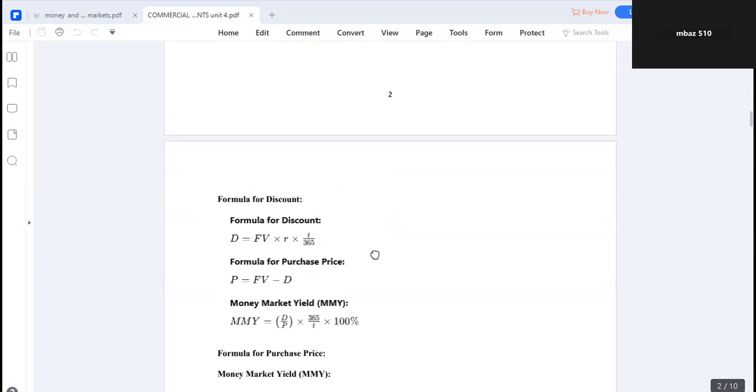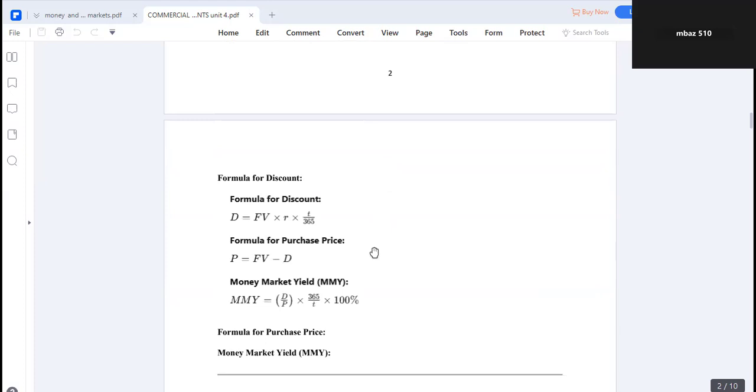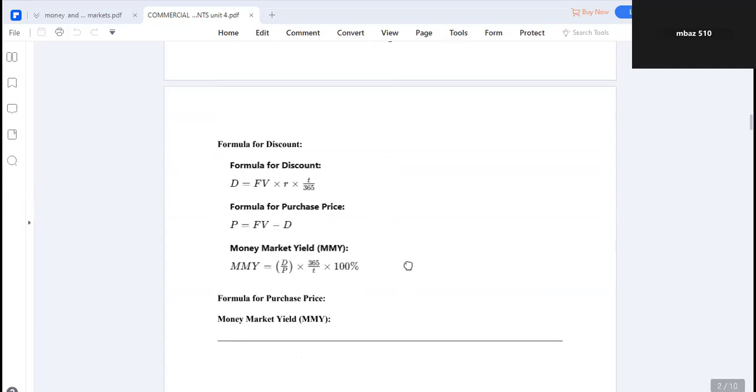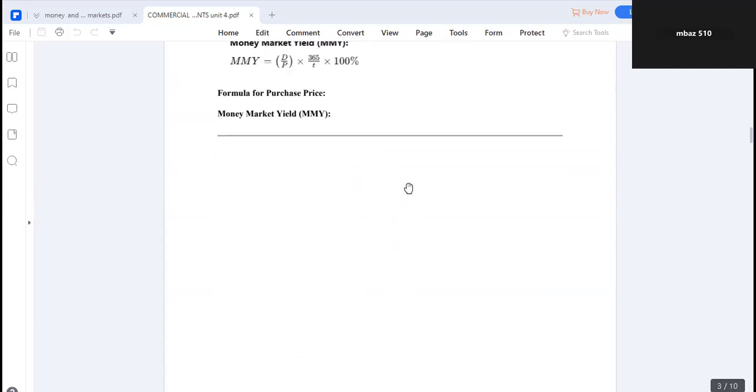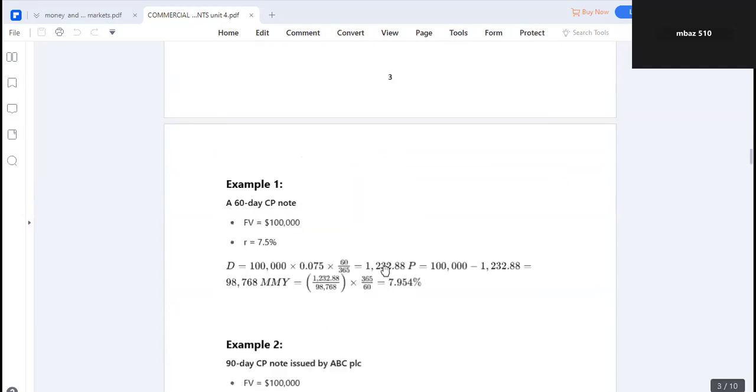The formula when you're calculating the discount is future value times R times time over 365. And the formula for the purchase price is simply the difference between the future value and the discount. We also have the money market yield, which is given by discount over price times 360 over the time taken, times 100%. All right, so we'll look at an example.